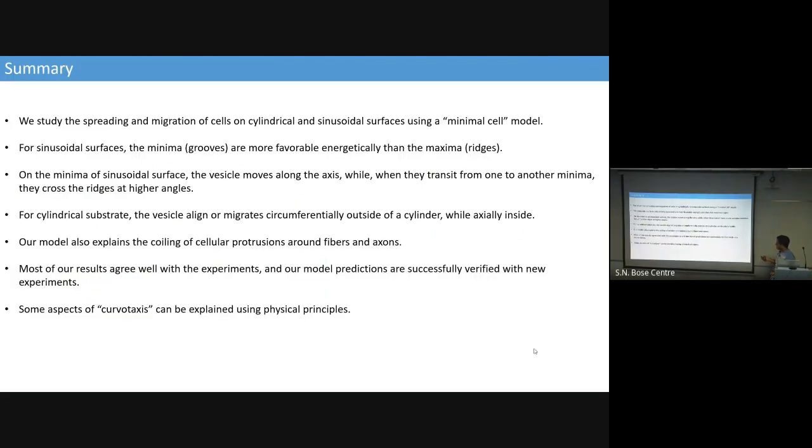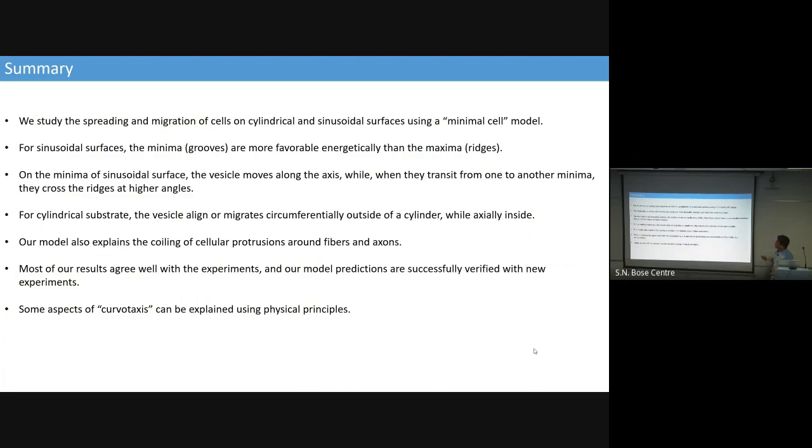So at the end, what we did is propose a model of a minimal cell, a cell with a minimal number of invariants that shows very similar features to those observed in real cells.